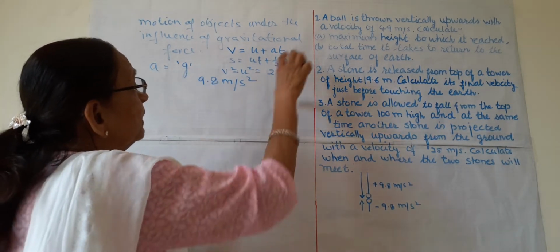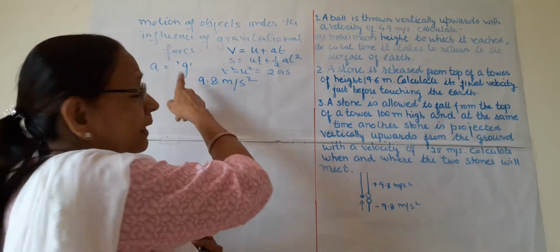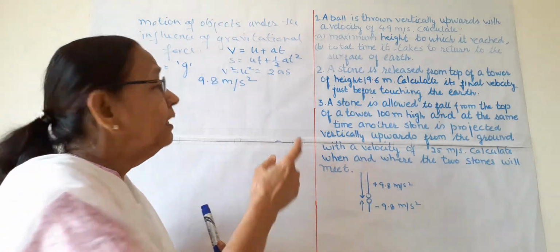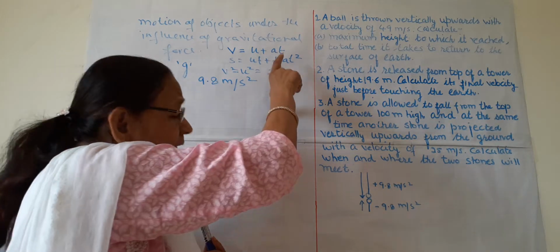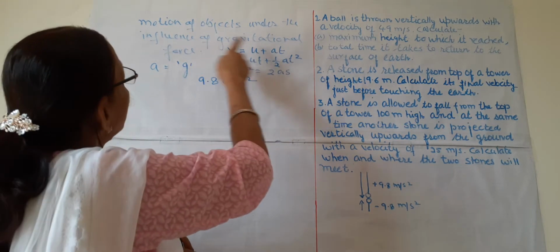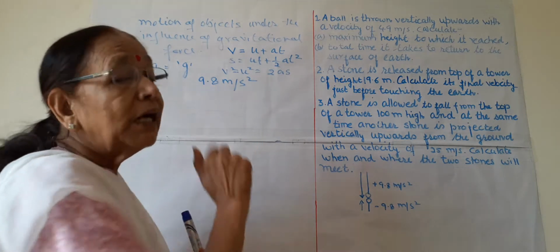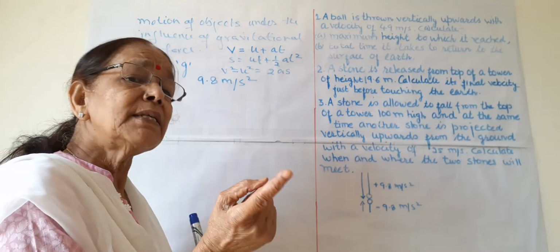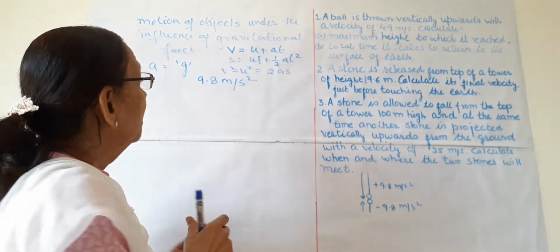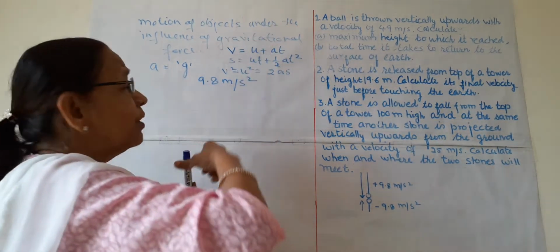So these 3 equations are also valid for this acceleration due to gravity. We can use these three equations of Newton for motion of objects under the influence of gravitational force of earth, but with a slight modification. Now we will see what are the modifications of these three equations.